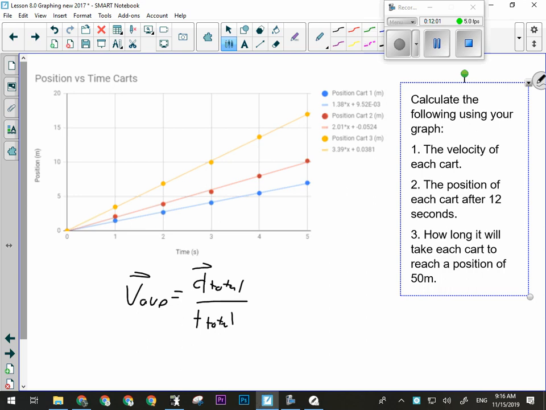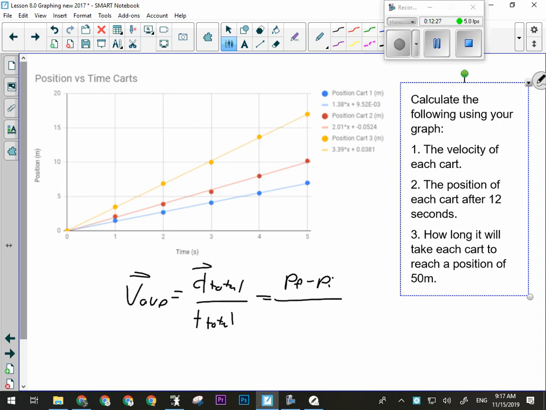So what I end up with is that the slope of these lines is actually the velocity of the cart. Here's why. If I'm looking at this formula here, to calculate the total displacement, I take my final position and I subtract my initial position. Right? Because that's what displacement is. It's the straight line distance from final position to initial position.